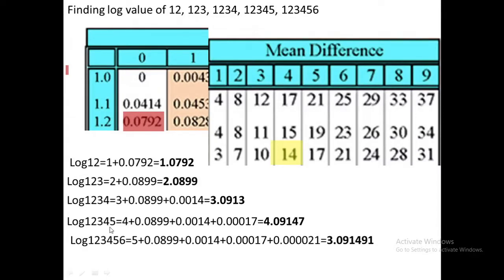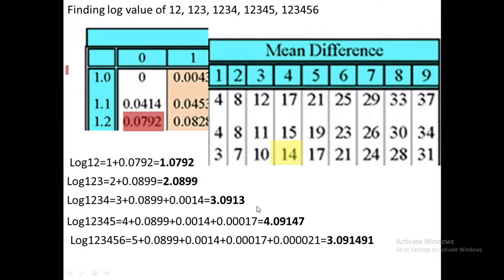In case we want to calculate the log value of 12,345, the first thing is, there are 5 digits, so we will write 4. Then 12 on 3, like we have already done, it's 0.0899. Then the mean difference on 4, which we have already done, is 0.0014. But now we have one more digit, that is 5.